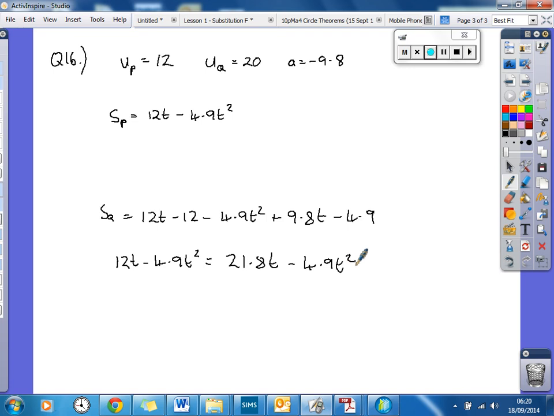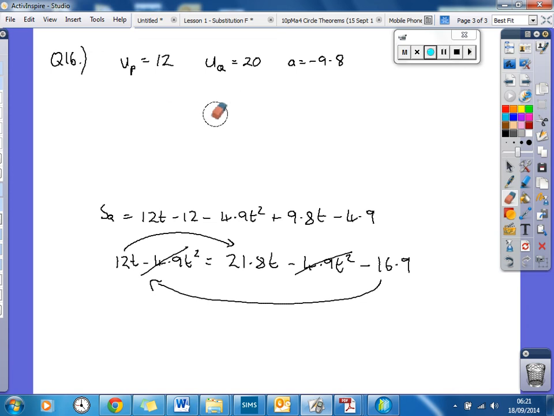Minus 12 minus 4.9 is minus 16.9. The minus 4.9t squared terms cancel out. We can take away 12t, and I'm going to add that 16.9.